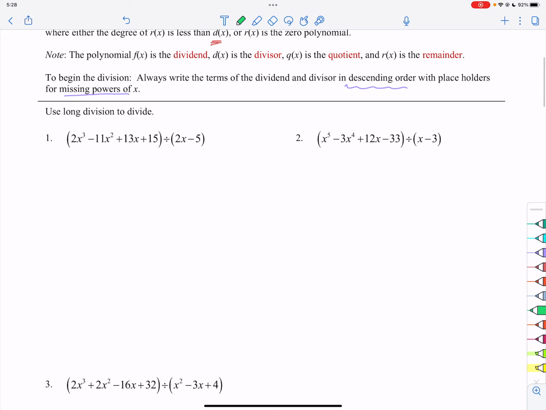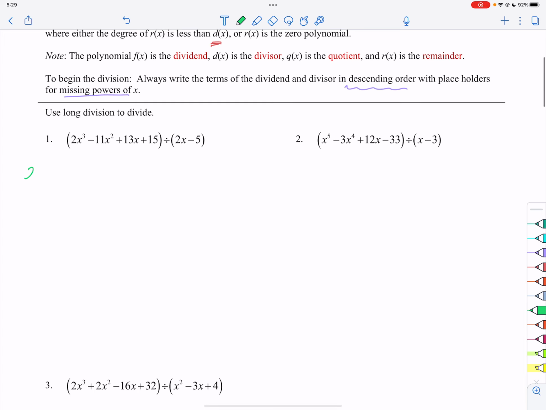We have a cubic, and we're dividing it by the binomial 2x minus 5. So just like we divided a long time ago, we will go ahead and write 2x cubed minus 11x squared plus 13x plus 15. So there is our dividend.